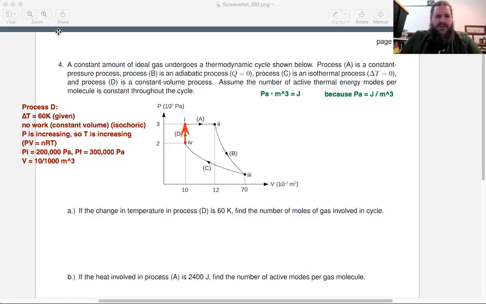If you take a look at the units here, though, this is really given in terms of 100,000 pascals and thousandths of a cubic meter. So if we wanted to multiply this pressure times this volume, for instance, that's not just 3, that's 3 times 10 to the 5th pascals.